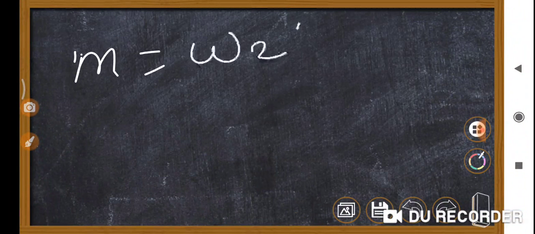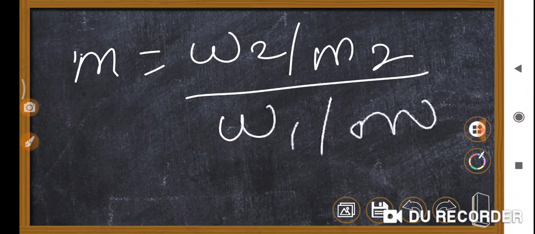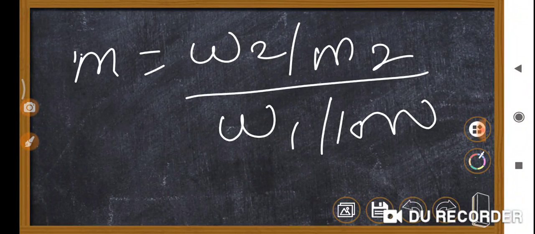So in NCERT, it is W2 by M2, that is number of moles of solute dissolved in W1 by 1000. In NCERT, weight of solvent is taken as W1, weight of solute is taken as W2, and molar mass of solute is M2.